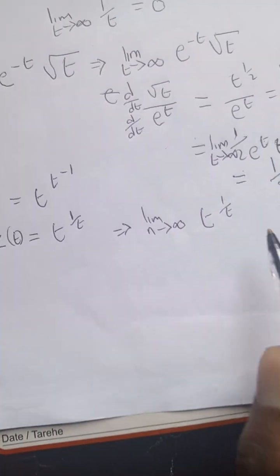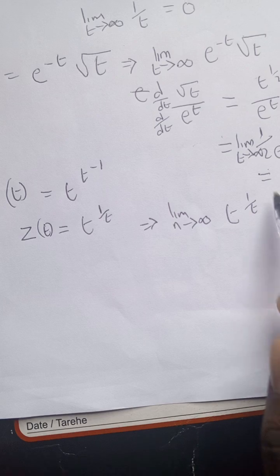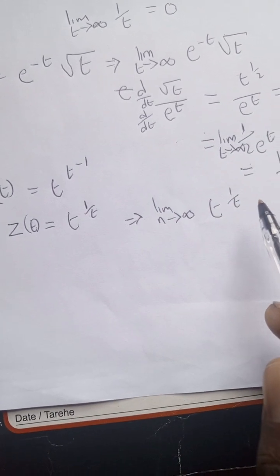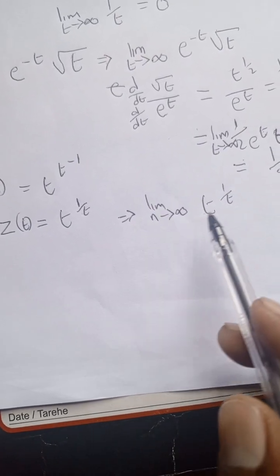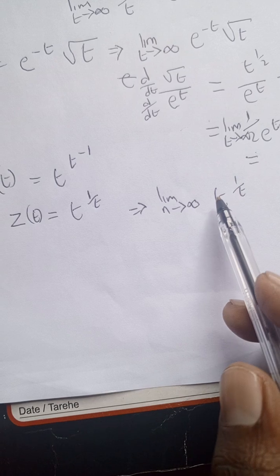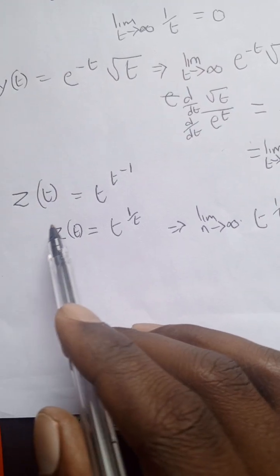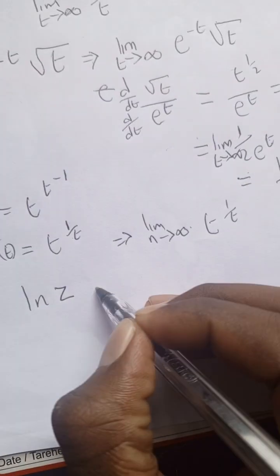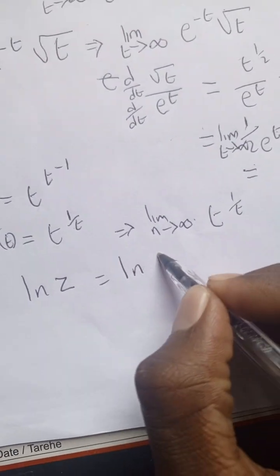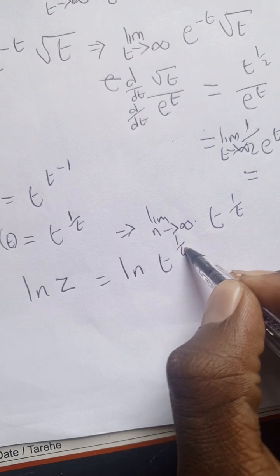So for this one, we need to put it into a form where we can use L'Hopital's rule. Now looking at how it is having a power, we need to use the properties of logs. So we're going to introduce natural logs both sides. So it will be ln of z equal to ln of t to the power 1 over t.